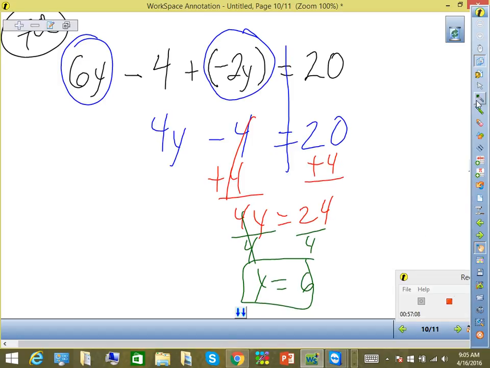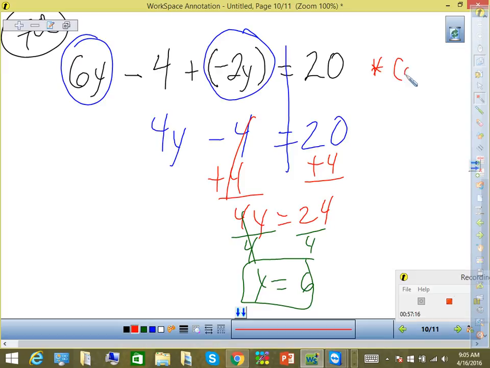Joey, what are the properties? Commutative and associative properties of addition.